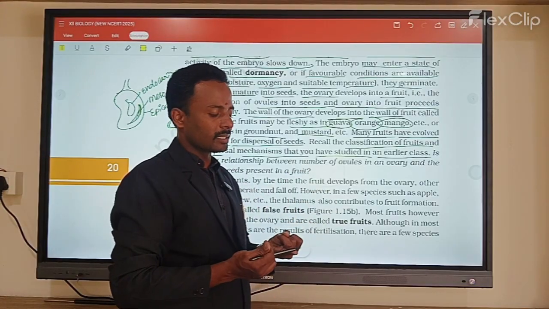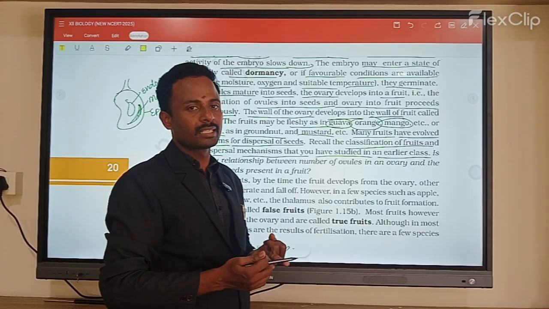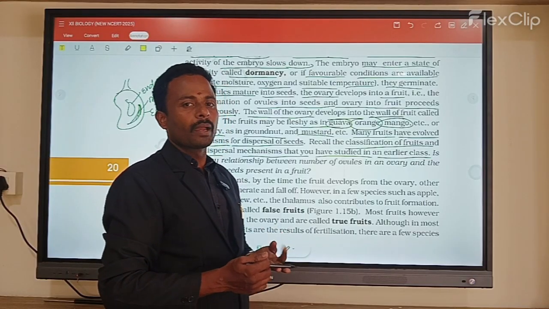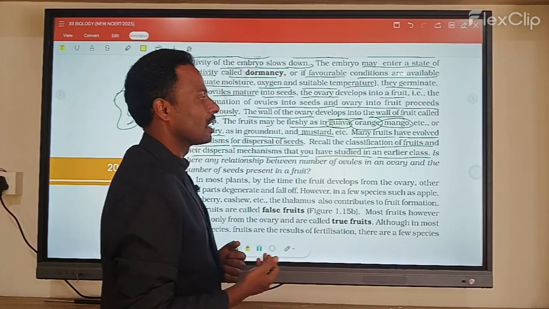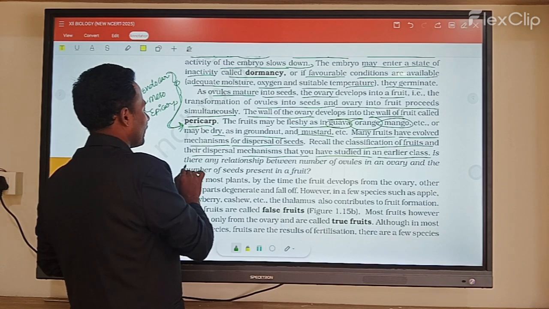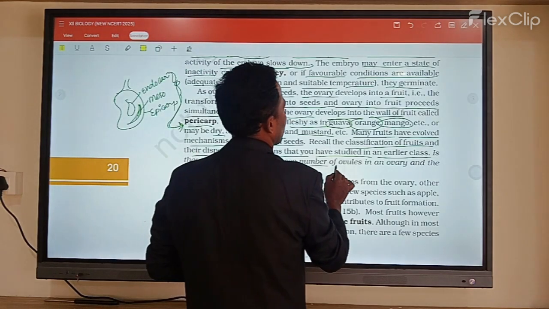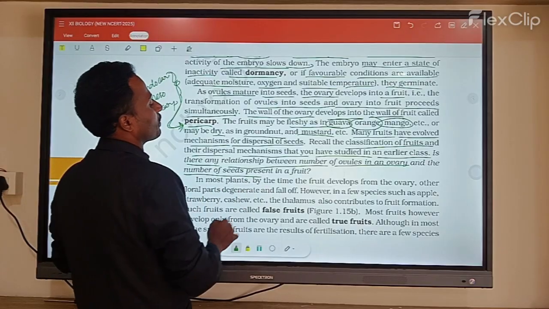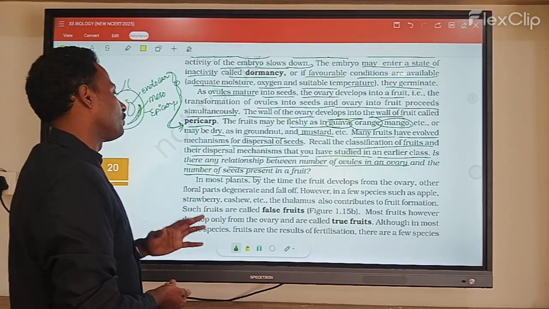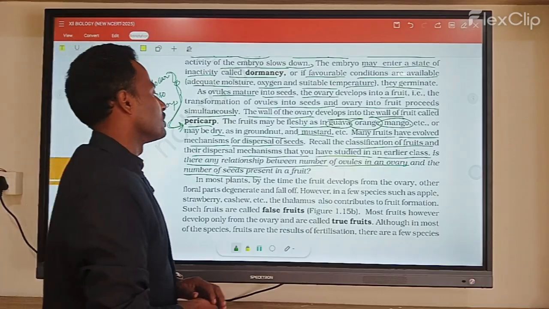Okay: dehiscent, dry indehiscent, caryopsis, cypsela, and sorosis. These we already discussed completely in the last section. Okay, and there is a relationship between the number of ovules in the ovary and the number of seeds present in the fruit.